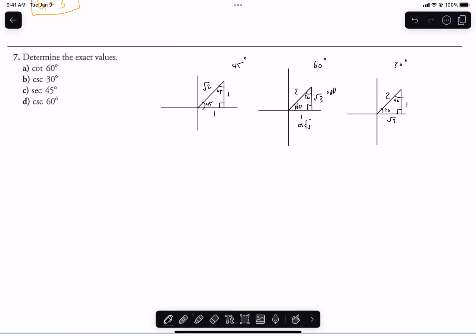We're going to end up using those triangles that we have been using the entire sheet here. For question A, the cotangent of 60 can actually be rewritten. I can't actually evaluate that the way it is right now, so I'm going to rewrite it as 1 over tangent of 60.